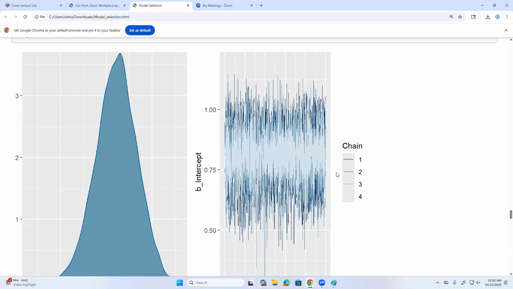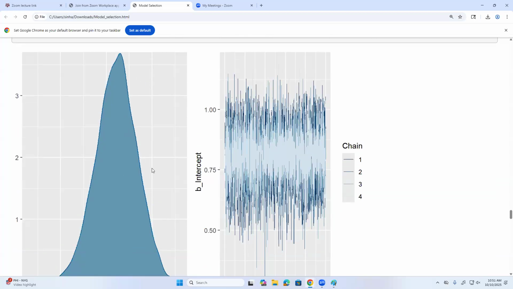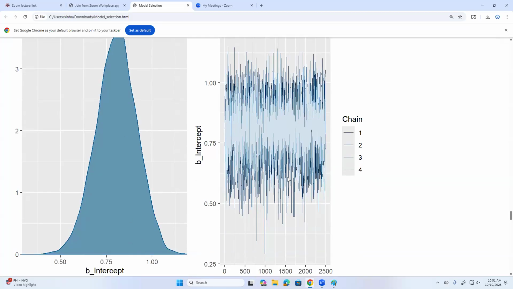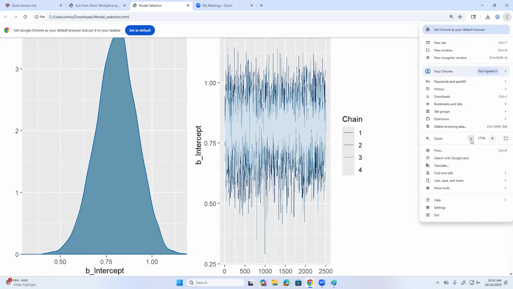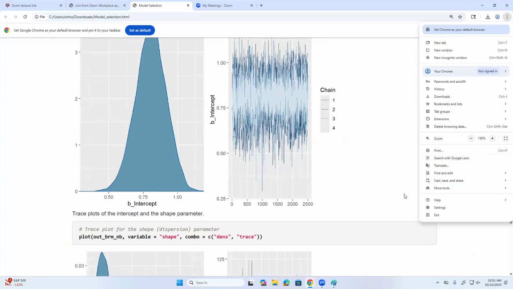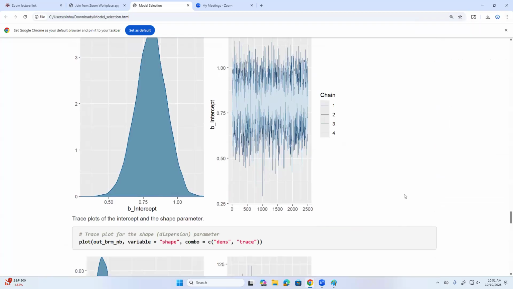Convergence of the chain. So it converges and you have 4 chains, chain 1, 2, 3, 4. And this is the density function. You can see the density function has the center at about 0.8, right? You can look at the scale on the horizontal axis.